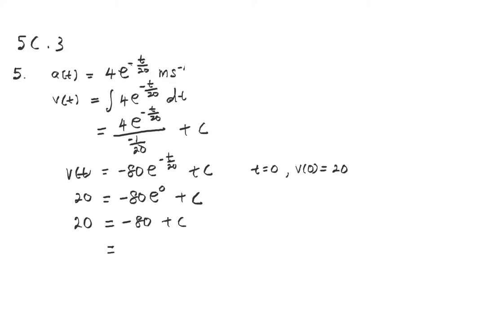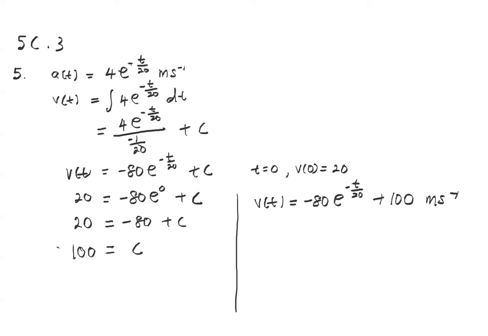Therefore the c for this case is 100. So your velocity function will be v(t) equal to negative 80 e to the power negative t over 20 plus 100 meters per second. Are you clear?